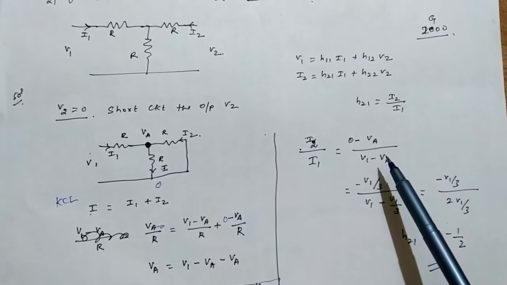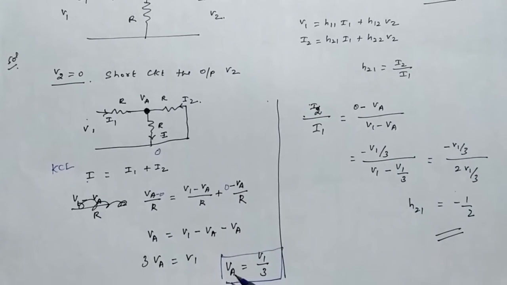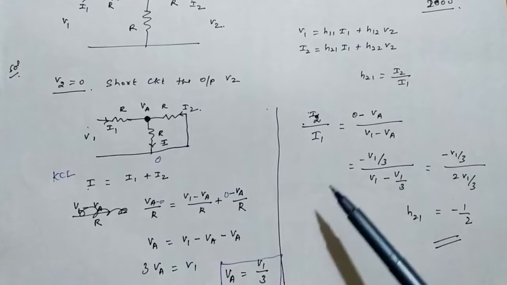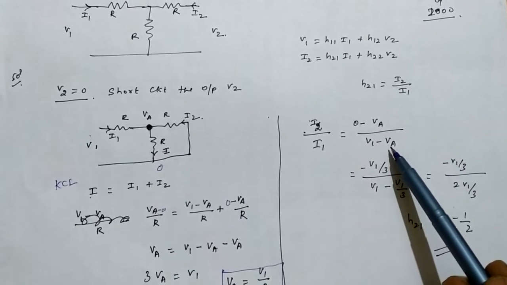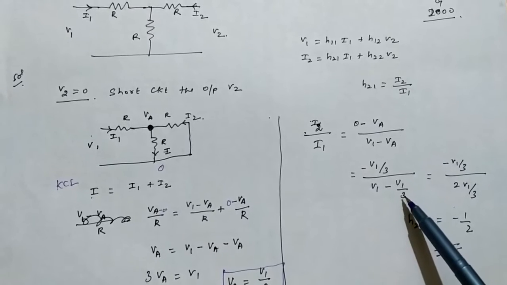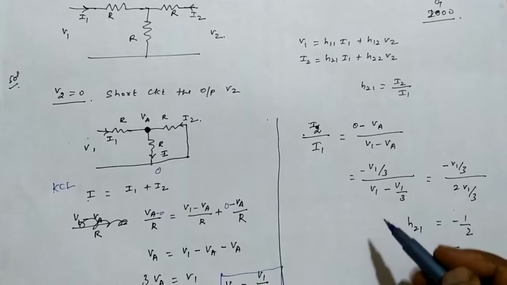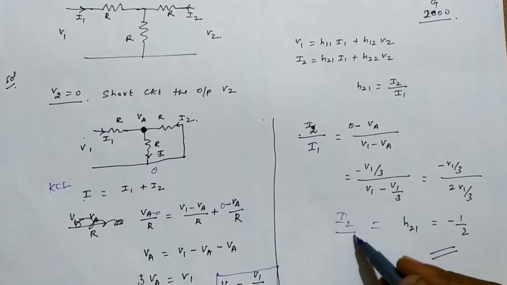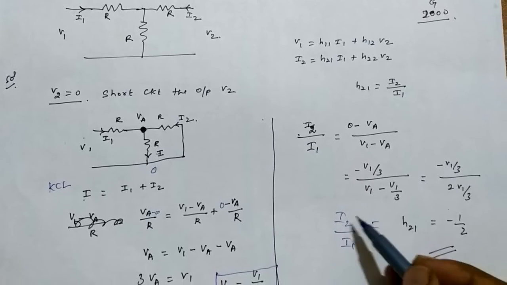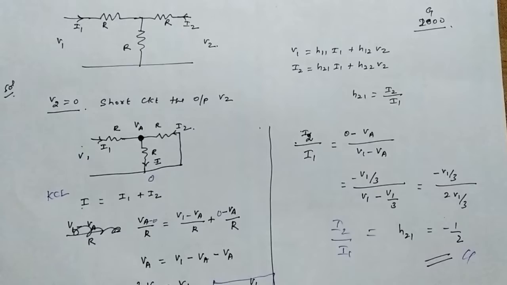Now substitute VA; previously we calculated VA is equal to V1 by 3. So when we take LCM and simplify, we have the answer, I2 divided by I1, that is the current gain value, is minus half. This is the answer.